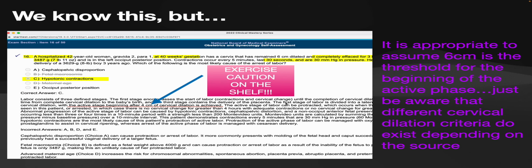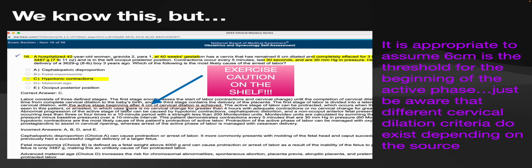Okay, so this is just a brief aside that I wanted to touch on, just because I found it in an NBME practice test explanation. So, typically an overwhelming majority of the sources that I've seen define the active phase of stage 1 beginning at 6 centimeters of cervical dilation. That's the value that I'm sure we all know and feel comfortable with.